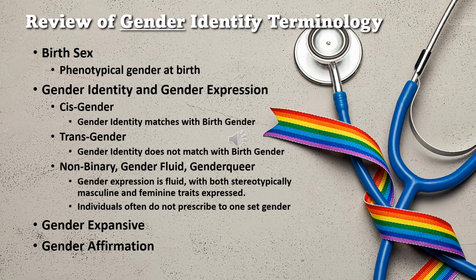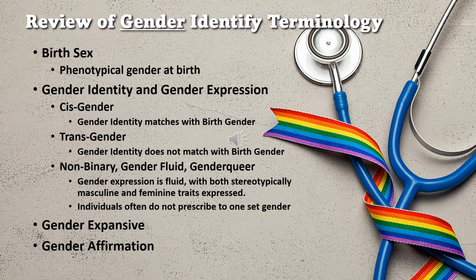Cisgender, that is where your gender identity matches with what your birth gender is. So if you were born a male and you identify as a male, you are considered cisgender. If you are born as a female and you identify as a female, then you are considered to be cisgender.